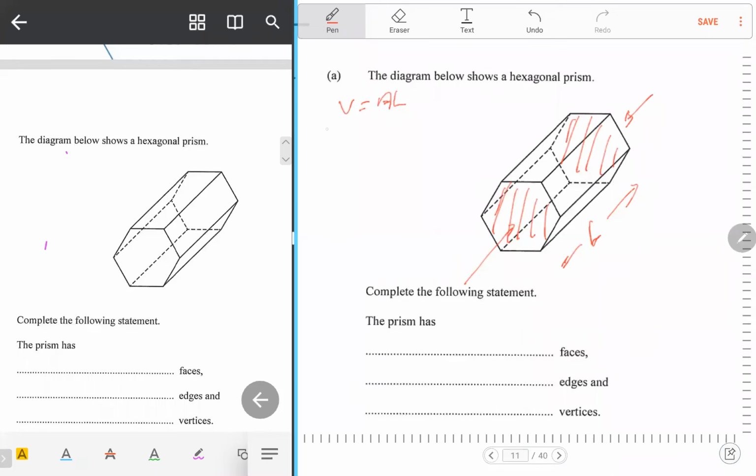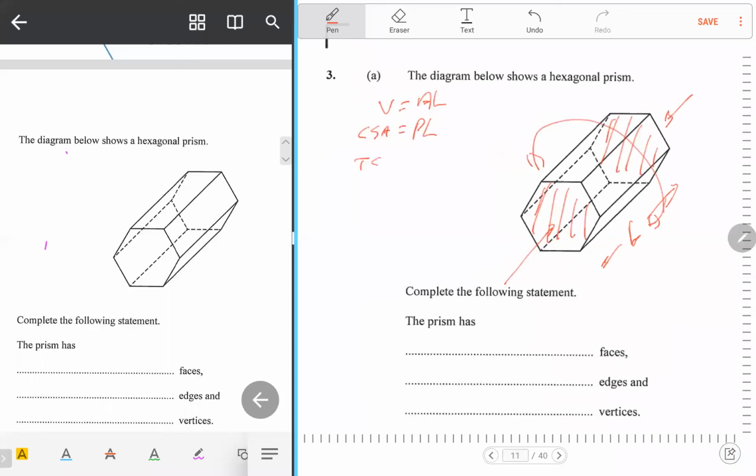And then curved surface area would be the perimeter of the end times the length. That would be the area around the side of the object. Area of faces around the side is the curved surface area. And then the total surface area would be the curved surface area plus the two end areas. Remember, those are the three formulas that govern these things if we're doing that sort of calculation. All right, let's see what they want us to do in this one now.